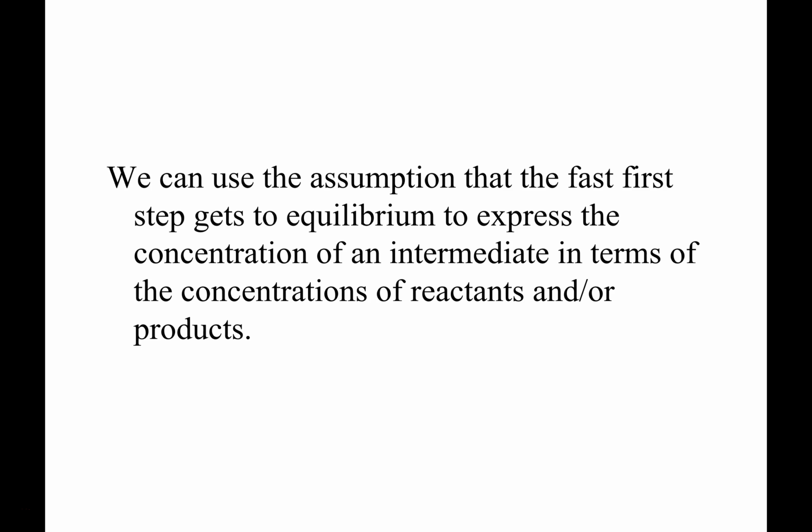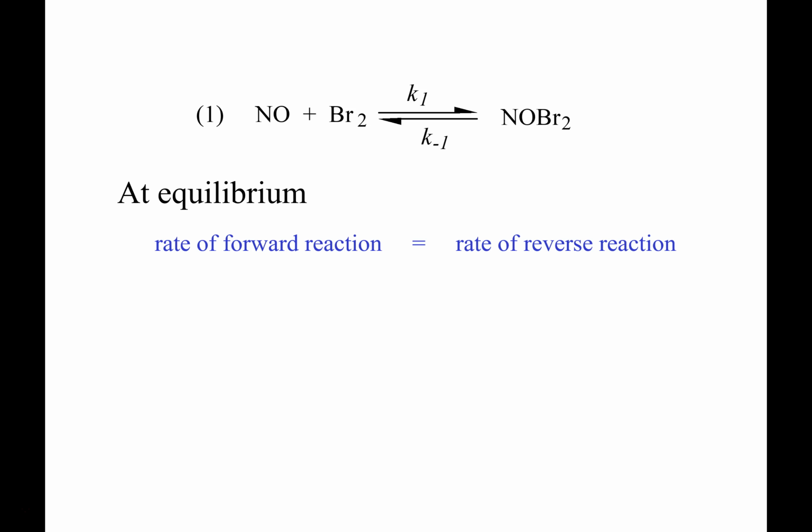I'm going to show you how to focus on that equilibrium to massage out something tangible to substitute for your intermediate, to get rid of it. So here we go. Here was the one that we kind of blew off because it's fast, but it has our intermediate here.